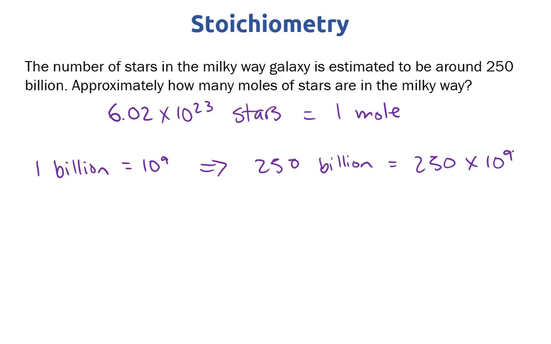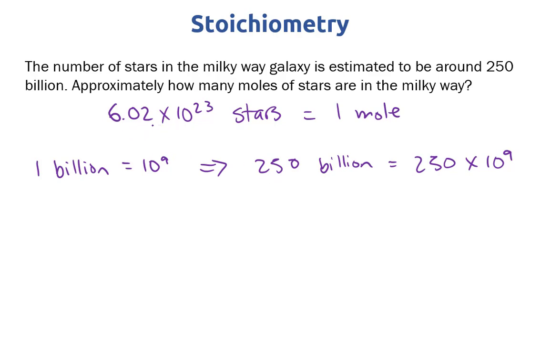So that's how many stars we have. Now let's think about what we would do if we wanted to convert this into dozens. If we have 36 eggs and we want to know how many dozen that is, we would divide by 12. So we divide by the dozen.